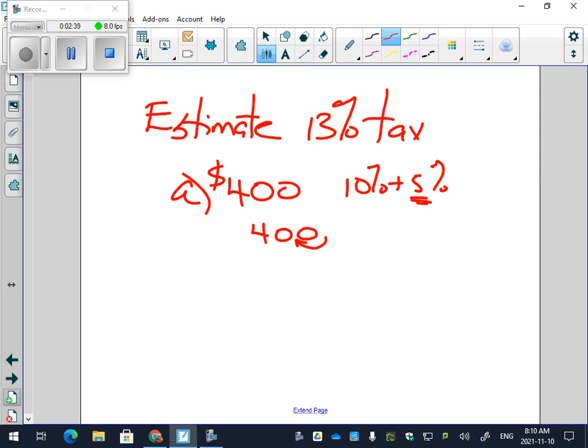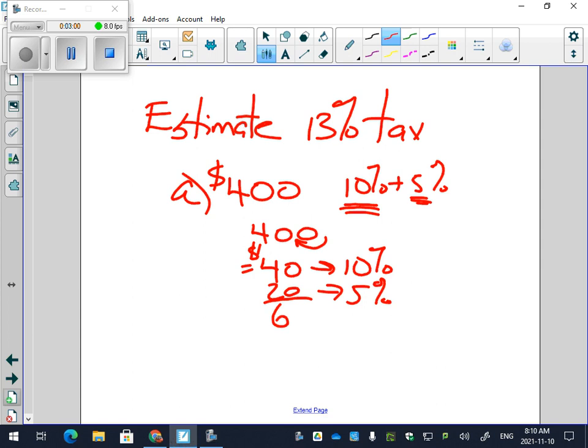That only works with base 10 numbers. But anyhow, this would be $40. Remember, $40 is 10%. The next thing we've got to find out is the 5% and even less. So if 40 was 10, 20 would be 5%. So at 15%, you'd have about $60 in tax. We're only doing 13%, so you could take a few dollars off, and you'd probably say something like $55 would be a good estimate of the tax.